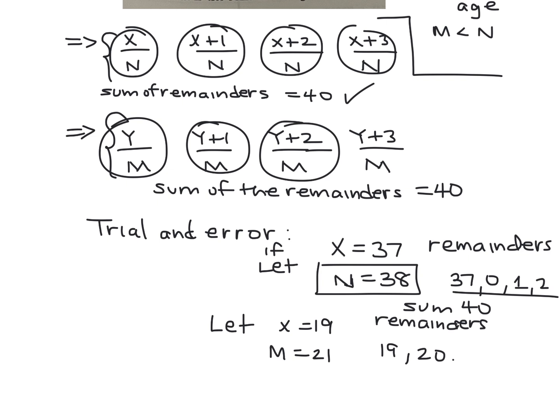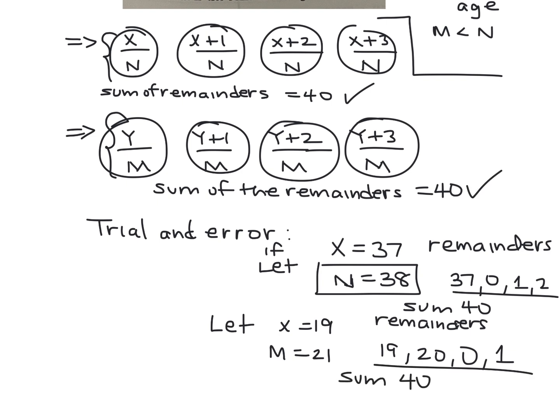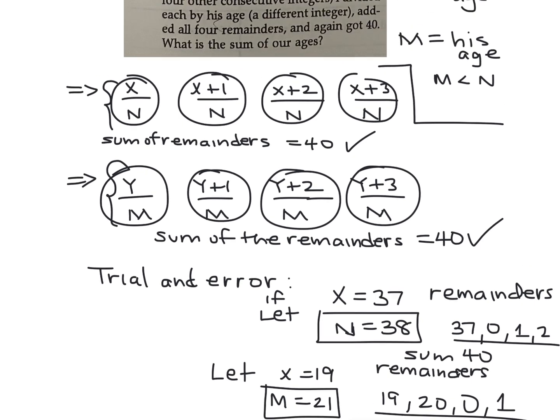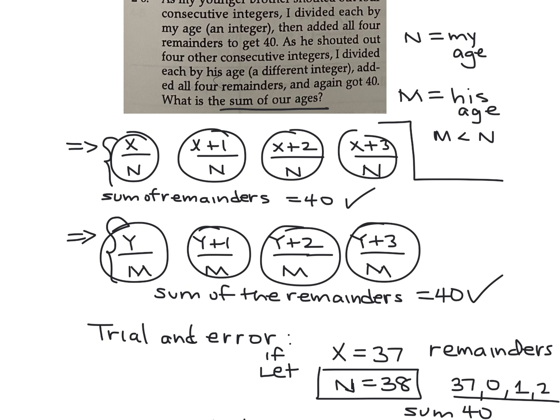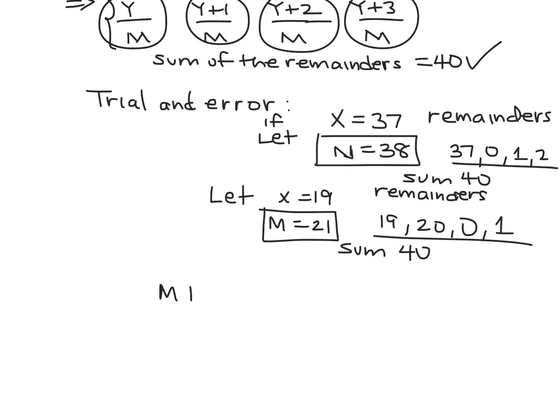That would give me a remainder of 0, and this would give me a remainder of 1. So the sum is 40. So that works out again. So now we have m and n, so therefore the sum, which is what they're looking for, the sum of our ages, would be m plus n. So m plus n is 21 plus 38, which is 59.